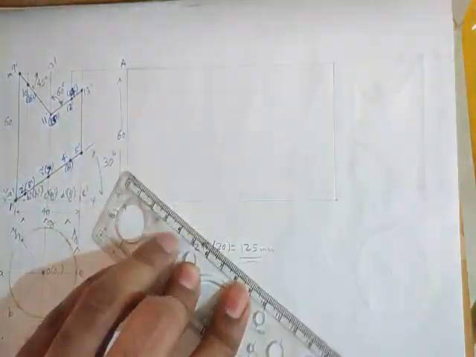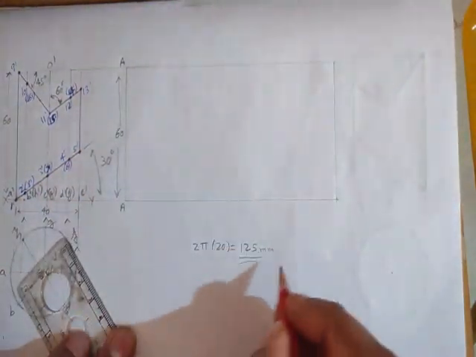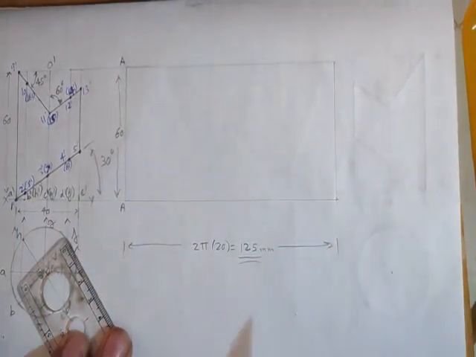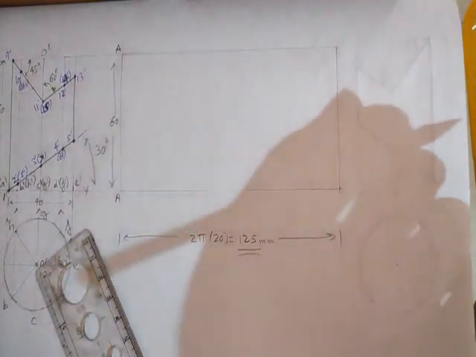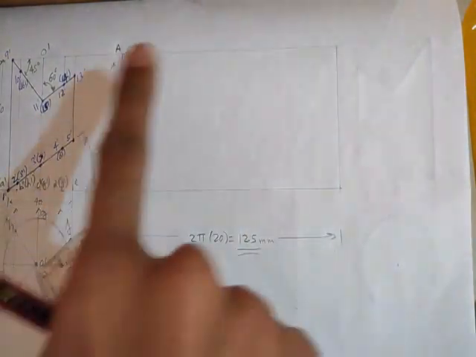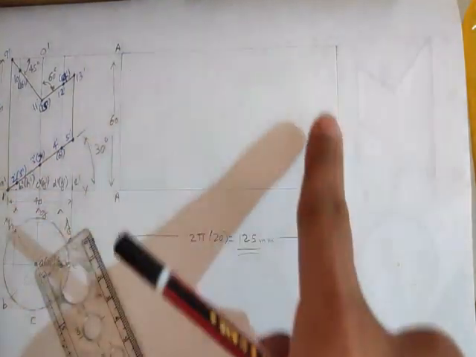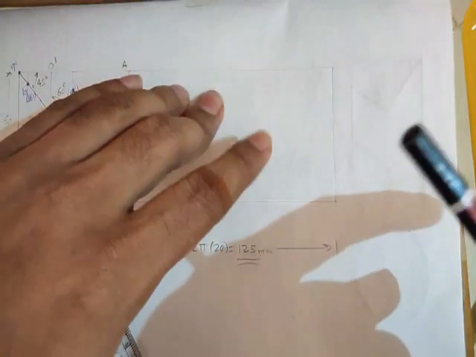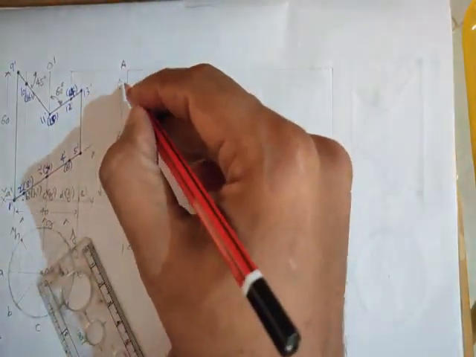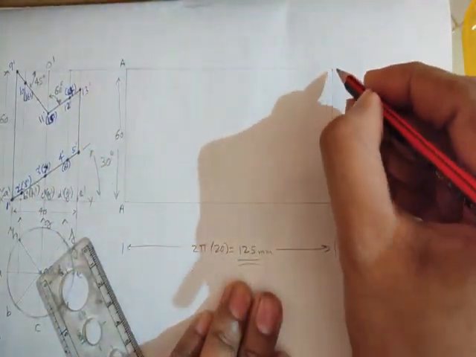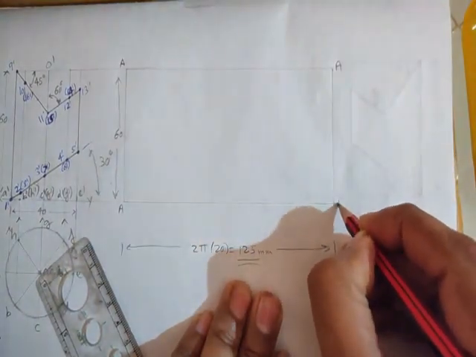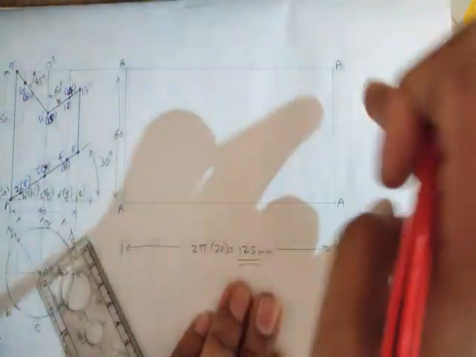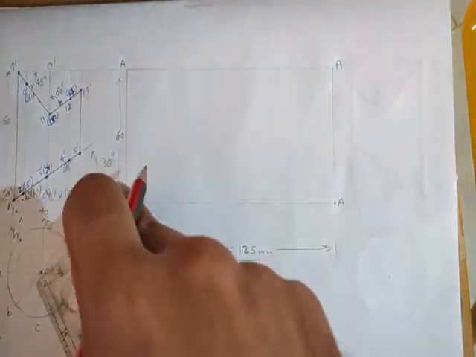So this is the full development of the cylinder, 60 mm by 125 mm. Okay, and as you know, this is the first generator A, so this also would be the generator A, because you have cut it open at A, so one end would be A, and you are joining back at A. So this is the generator A.